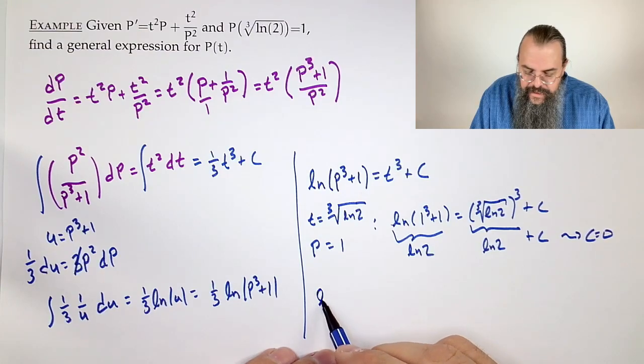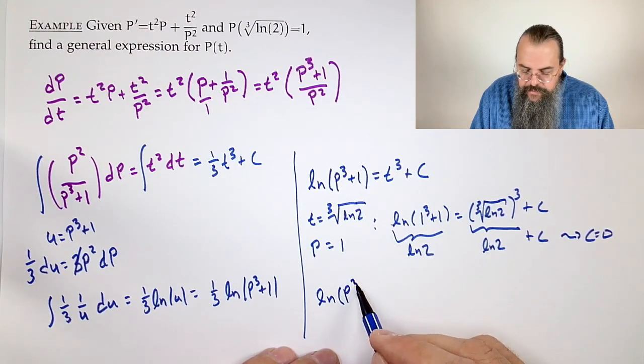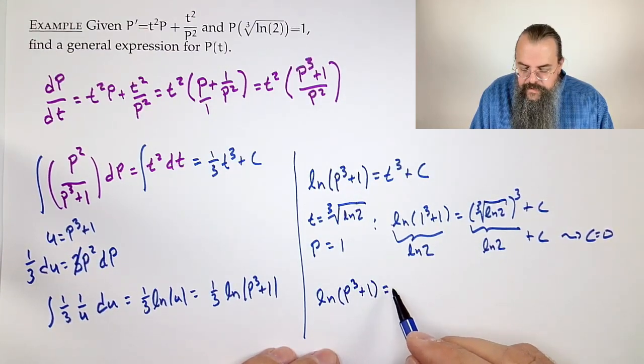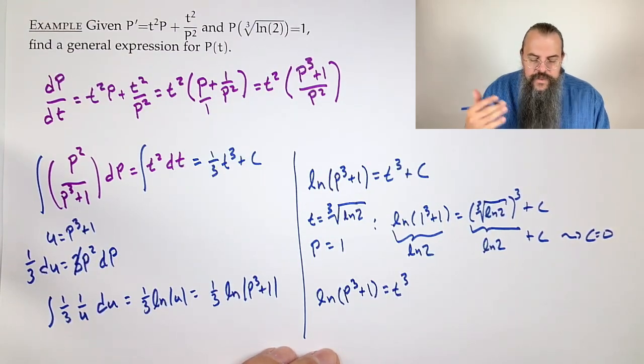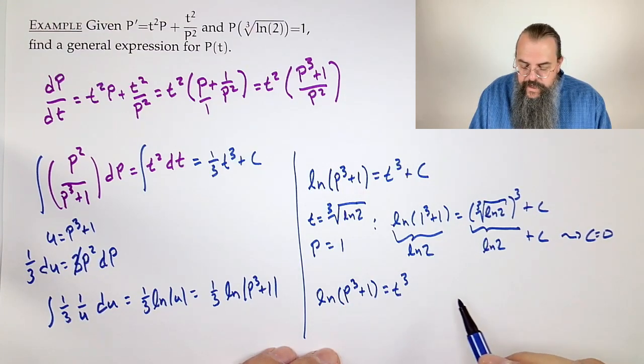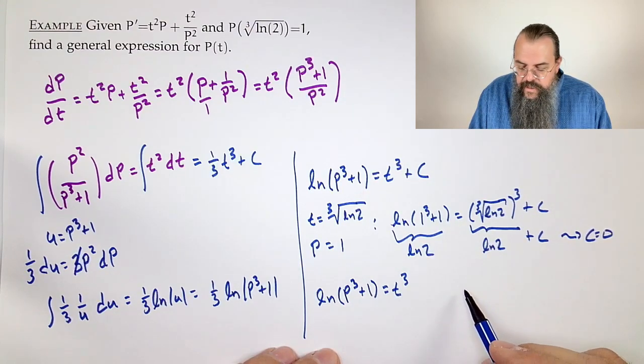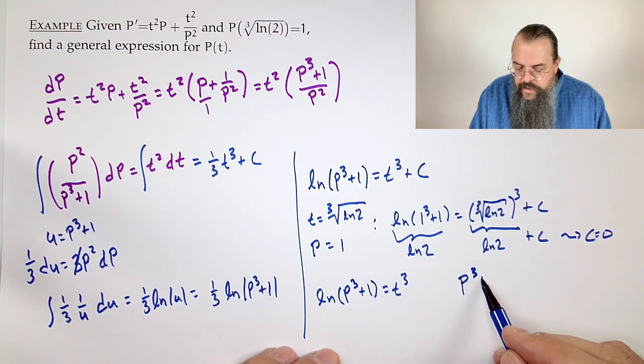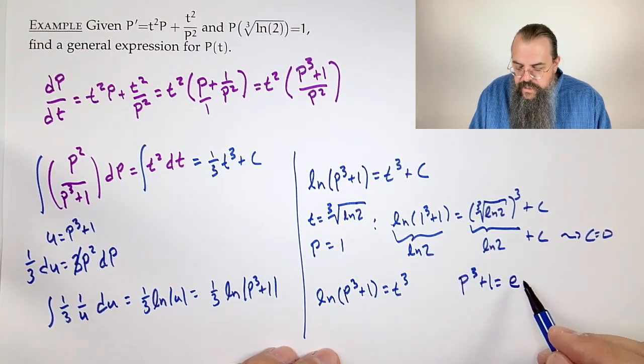So I say, all right, we're almost there. We get log of p cubed plus 1 is equal to t cubed. And now we'll just unwrap. All right, there's only one p. So we start by applying the exponential function. Say, okay, p cubed plus 1 is equal to e to the power of t cubed.